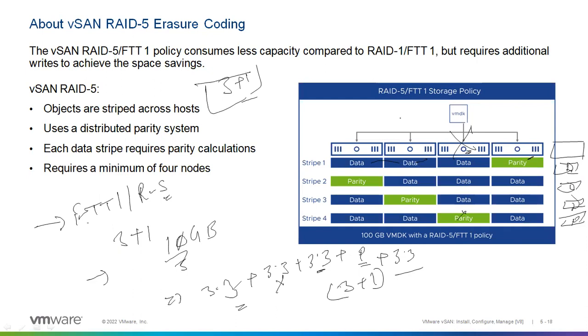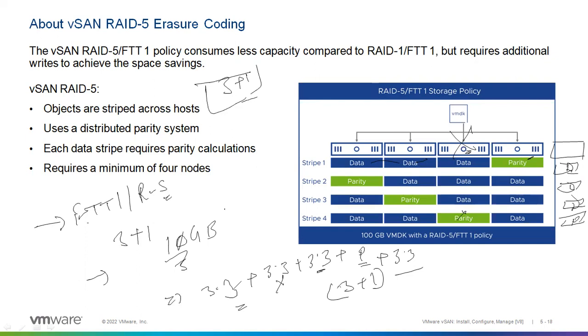But again, you will ask me, sir, that is okay, but RAID 1 also gives me FTT1, so what is the advantage I am getting here? Definitely you are getting an advantage. While you are writing the data in RAID 1, FTT1, FTT2 or FTT3, that's always equivalent.